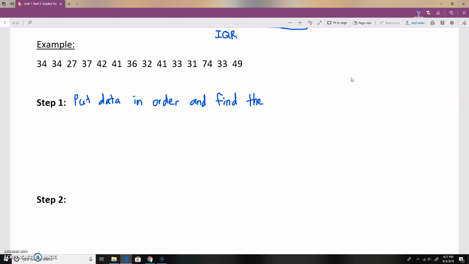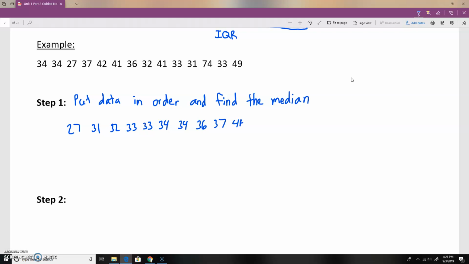So I'm going to go ahead and put these in order. 27, 31, 32, 33, 33, 34, 34, 36, 37, 41.